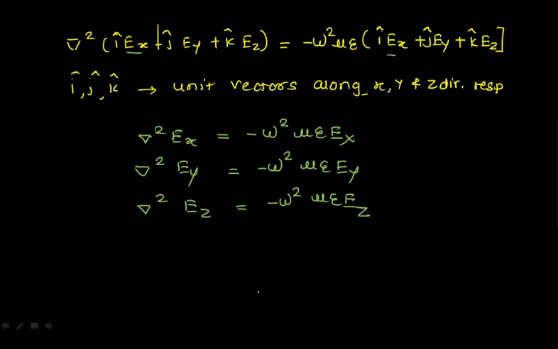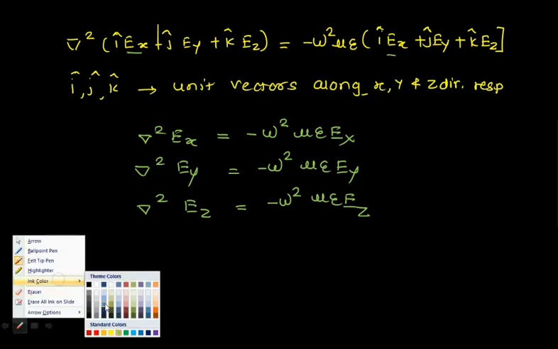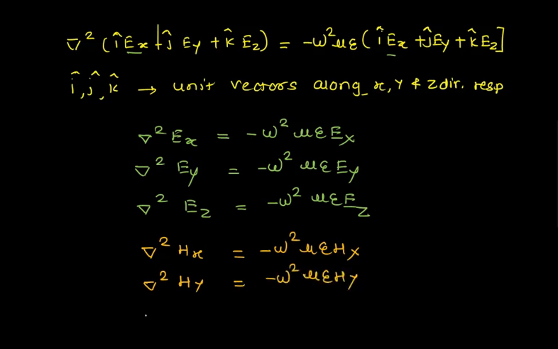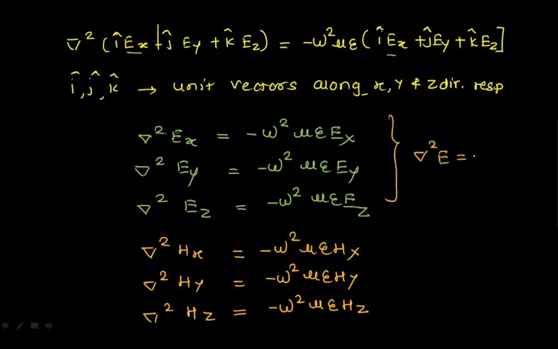So del square Hx is equal to minus omega square mu epsilon Hx, del square Hy is equal to minus omega square mu epsilon Hy, del square Hz is equal to minus omega square mu epsilon Hz. So I can say this is nothing but del square E is equal to minus omega square mu epsilon E, resolved in three directions. And this is del square H is equal to minus omega square mu epsilon H.